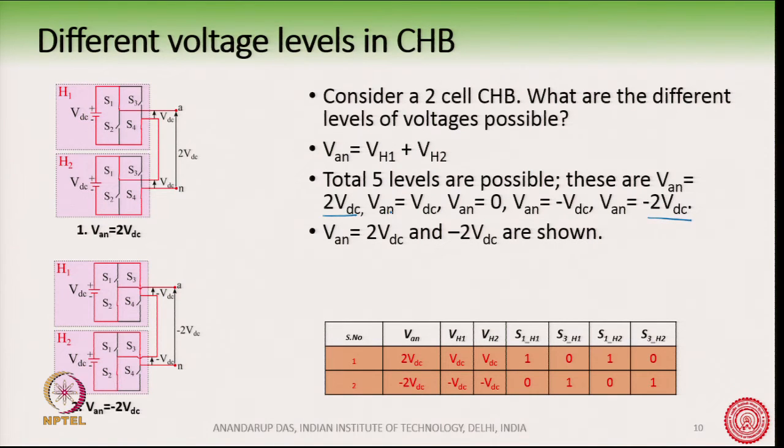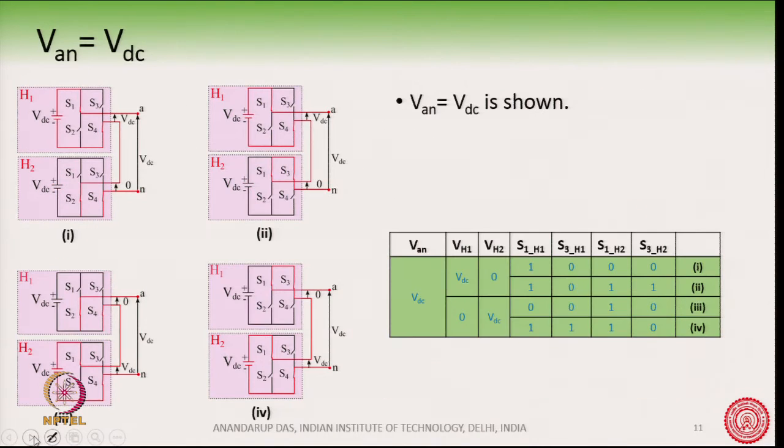Now, if we want to get VAN equal to VDC, how is the circuit? It is shown here. Now, for VAN equal to VDC, that means I want to get VDC voltage here, then there are several possibilities. In fact, there are 4 possibilities. What are these 4 possibilities?